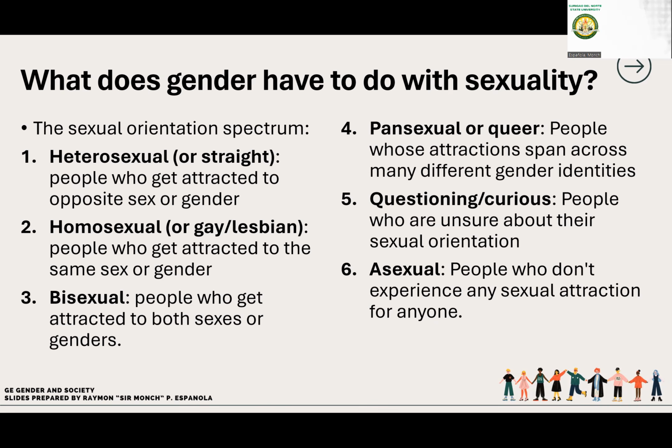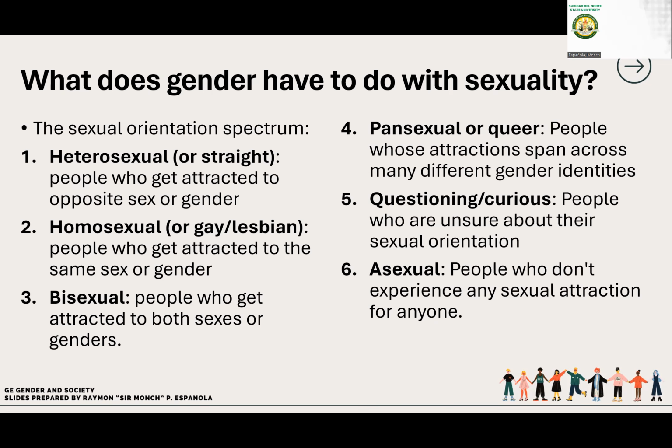Let's say a trans woman. A trans woman is a woman, and she is attracted to men. Okay? So in that case, her gender identity is opposite to the gender of the person she is attracted to. So in that case, that is heterosexual. Okay?